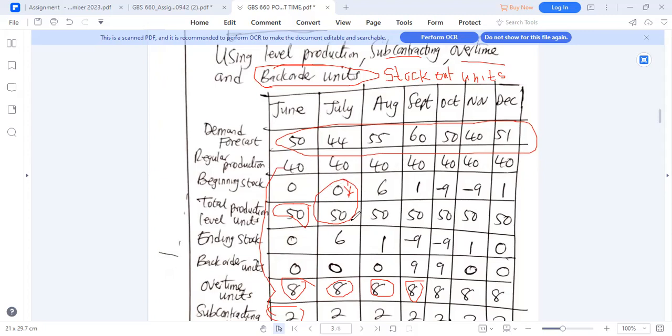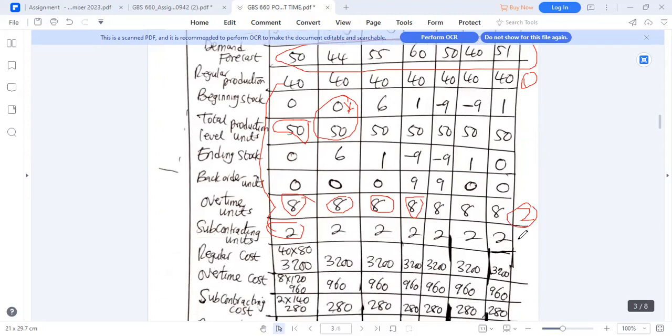So from the 50, there's a breakdown. This is number 1 breakdown. There's 40 units from here. Then there's 8 here, this is number 2. As we add here, this is number 3. When we add these productions, the regular 40 plus overtime 8 and subcontracting 2 throughout, we are going to have the total. When we add these, it will come back to 50 that we are producing on a level basis.